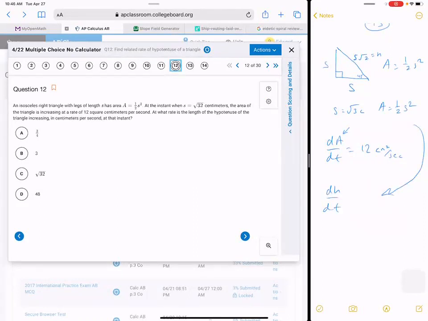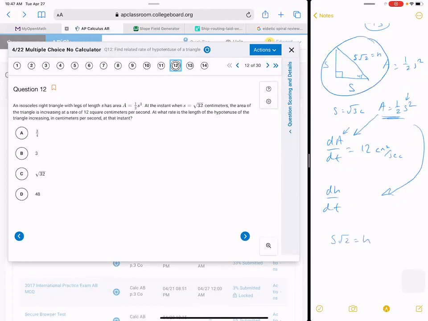Okay, all right. So they want, at what rate is the hypotenuse of the triangle increasing? I'm going to do a couple things. First, I know this here. So we're going to take the derivative of this, but I'm also going to change the s to a different letter for us. And what is s? Looking here, s times square root of 2 is equal to h.